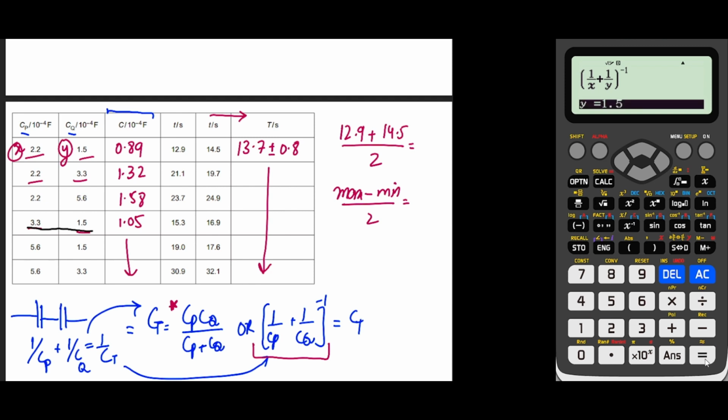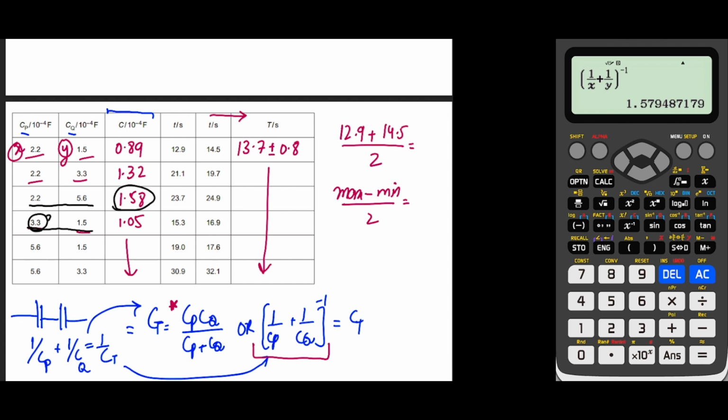Okay, so I press this value and it gives me, sorry, let's do the previous one. I think I mistakenly put in 3.5 previously. Let's try 2.2 and 5.6. Now you can see that we're getting the correct answer, that is 1.58.